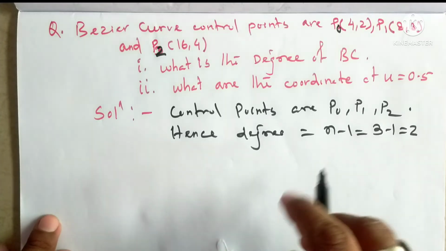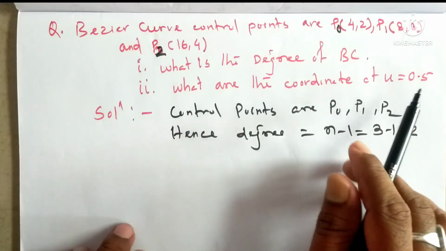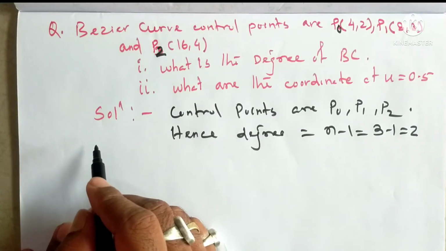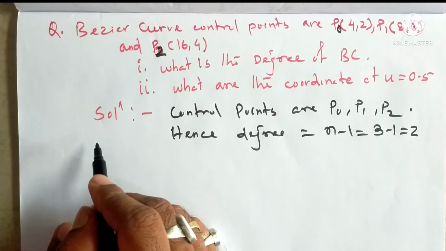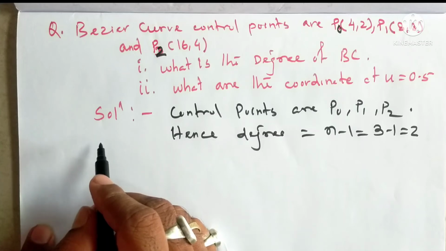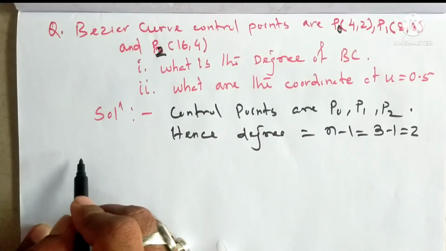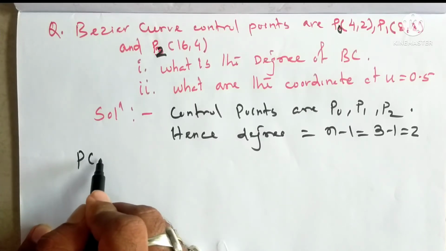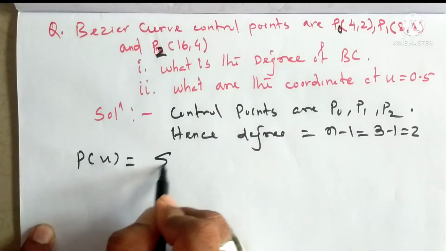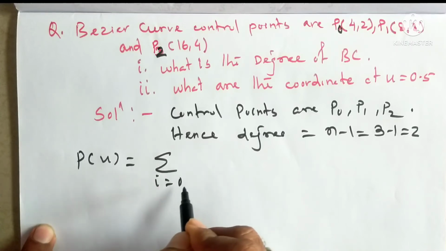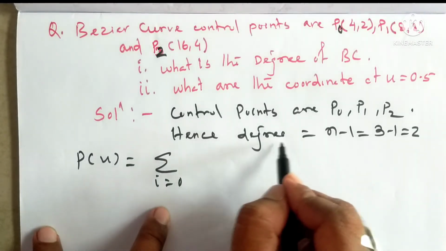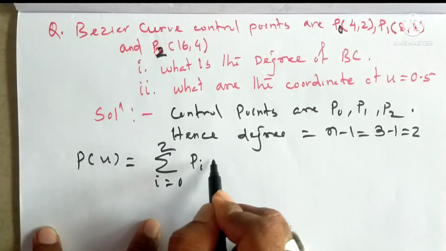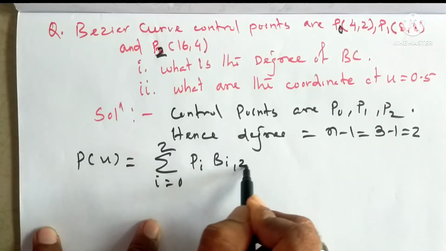Second is to find the coordinates at u equal to 0.5. First I will find the x coordinate, then the y coordinate. For that purpose I have to use the position vector P(u), that is the summation for i varying from 0 to n, where n is the degree, 2, of P_i B_i,2.